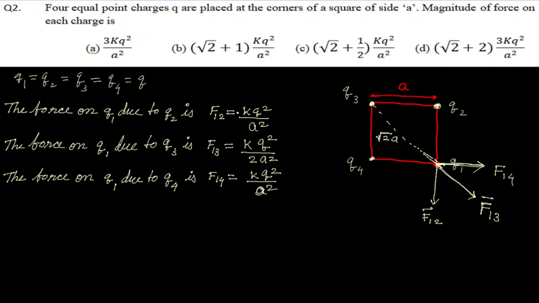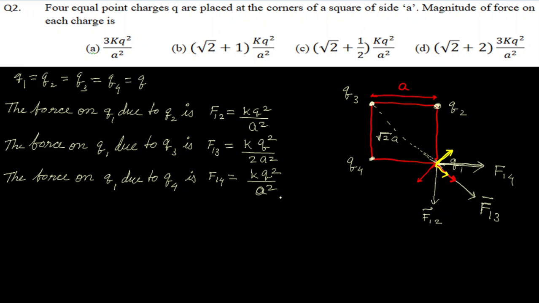So in this case, we can simply decompose these forces into orthogonal components. When we decompose F12 into orthogonal components, one component will come along the diagonal, in this direction, and another component will come in this direction. And same way, when we decompose F14, one component again will come along the diagonal, and another component will go along this direction.